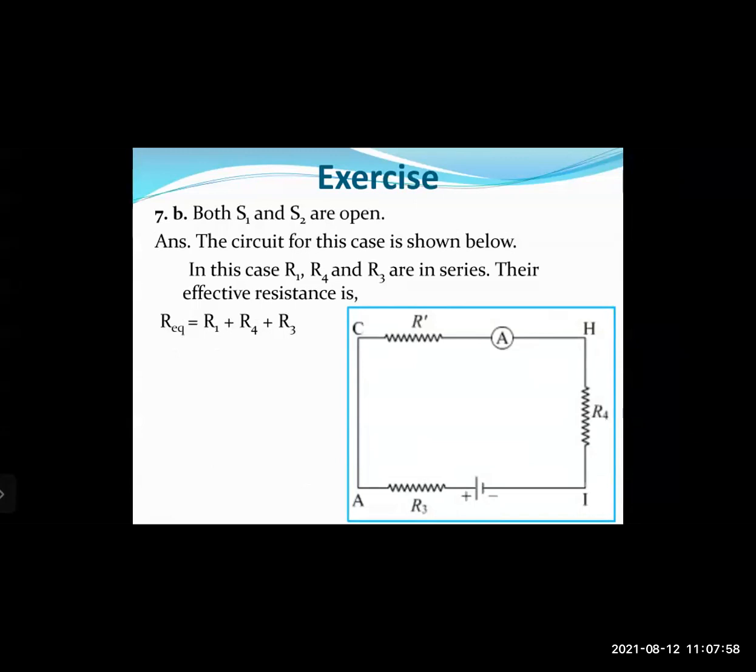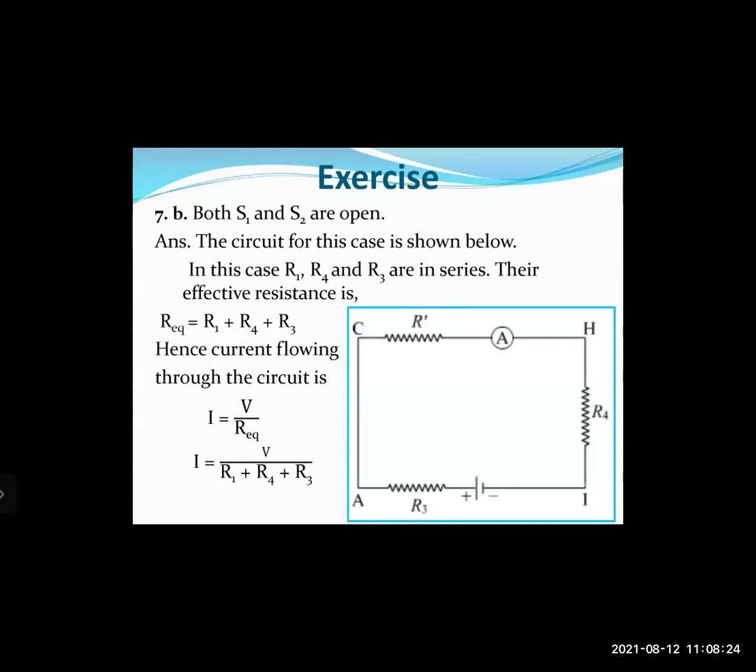So their effective resistance will be R equivalent equal to R1 plus R4 plus R3. There is no resistor in parallel. Let us see further. Hence, the current flowing through the circuit is I equal to V upon R equivalent. If you substitute that value, we will get I equal to V divided by R1 plus R4 plus R3. Very easy.